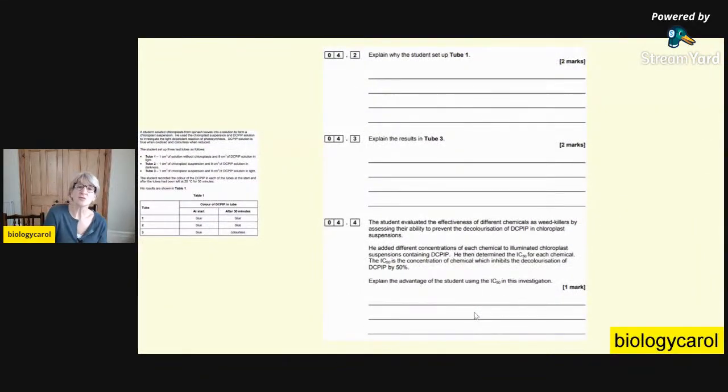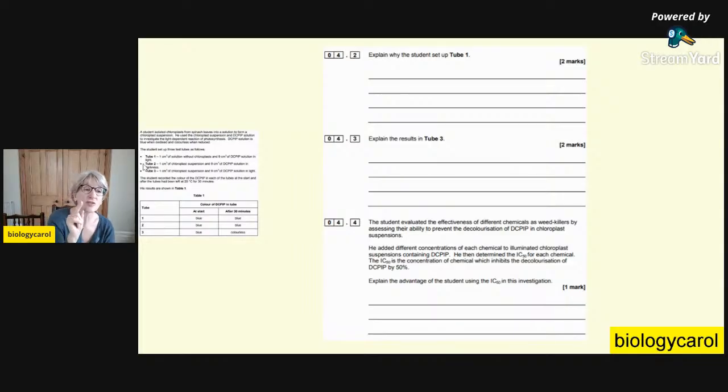Explain why the student set up tube 1. So tube 1 was no chloroplast, DCPIP, and in the light. Well, this was a control, not a control variable. A control is the part of the experiment that you do so that you can compare the results of that part of the experiment, in other words, tube 1, with tubes 2 and 3, to ensure two things.